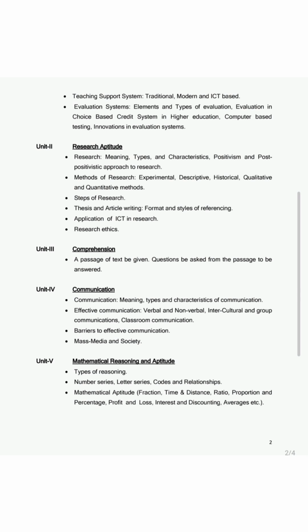Now comes the most important unit, unit 2, research aptitude. Whether you are studying for the NET JRF examination or doing a PhD, it is the most important unit. In this, you will learn what research is, its meaning, types and characteristics, methods of research: experimental, descriptive, historical, qualitative and quantitative methods, steps of research, thesis and article writing, format and styles of referencing, application of ICT in research, research ethics.